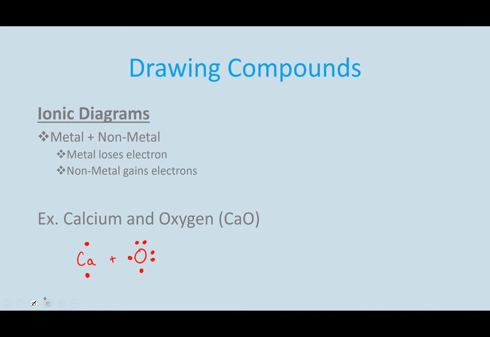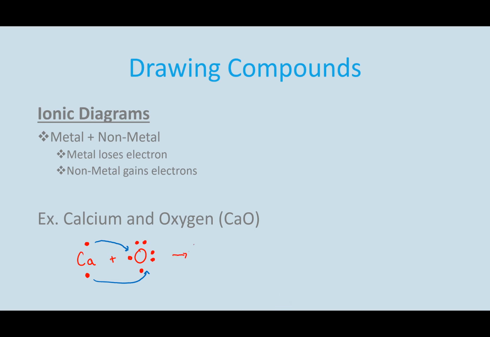So if we're adding these two together, we want to remember that calcium, being a metal, wants to lose electrons. So it's going to lose 1 electron, and it's going to lose a second electron to oxygen. And oxygen wants to gain 2 electrons, so it's convenient, it can gain the 2 electrons that calcium wants to give up.